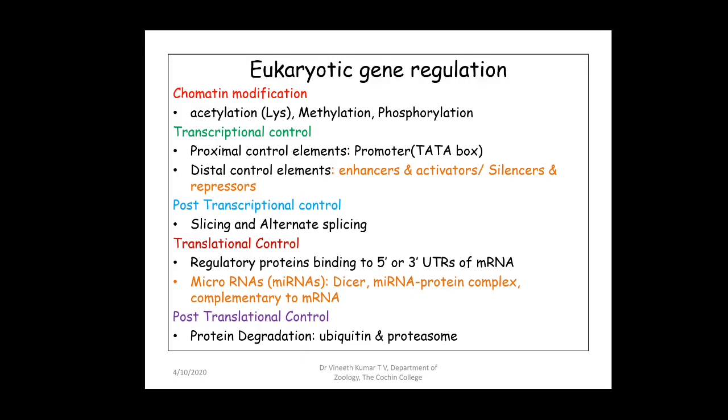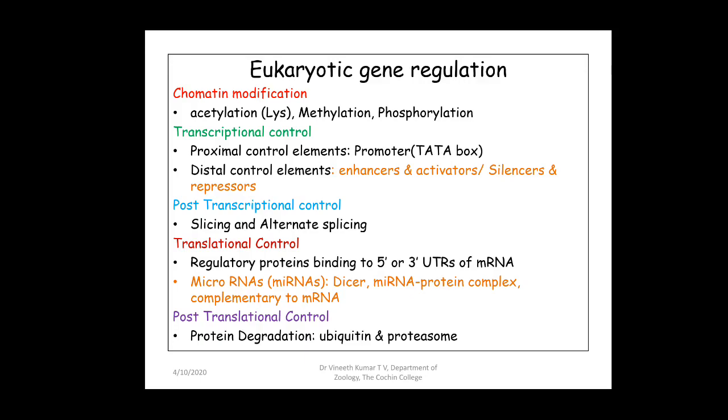Two terminologies, proximal and distal. Proximal means near, distal means far. Proximal control elements are the sequences which are seen very near to the gene to be transcribed. So the promoter, obviously, is very close, seen just upstream of the gene to be transcribed.